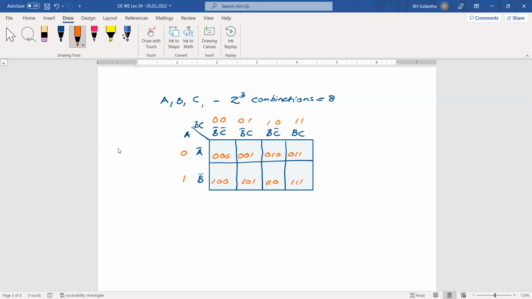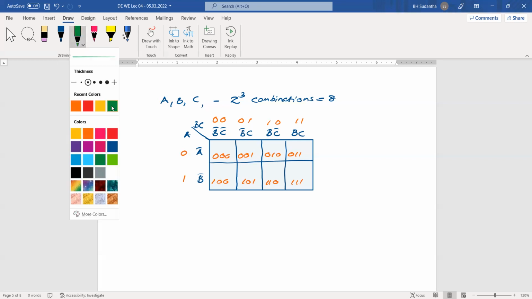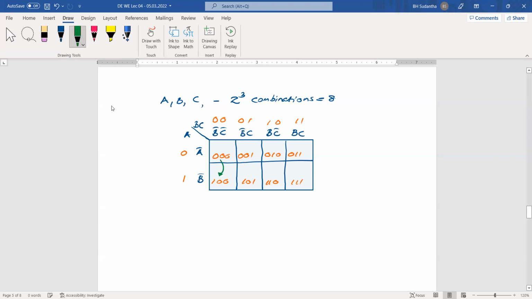We have changed only one bit. From downside, this is 0 0 1, it's 1 0 0. We have changed only one bit. Then here to here, it's okay, no problem. And here to here, it's okay, there is no problem.